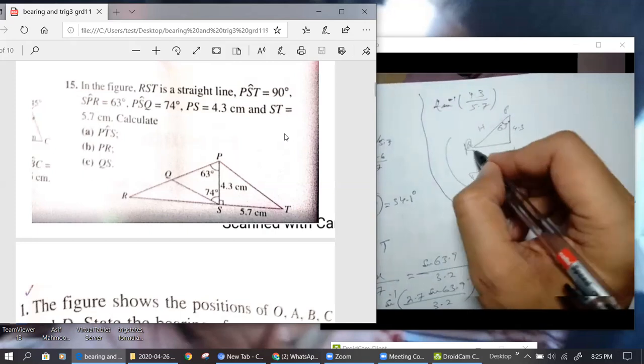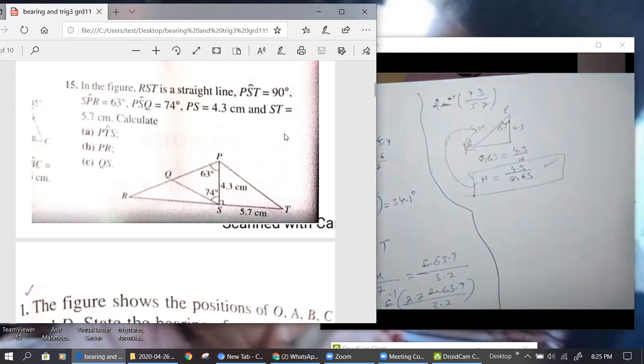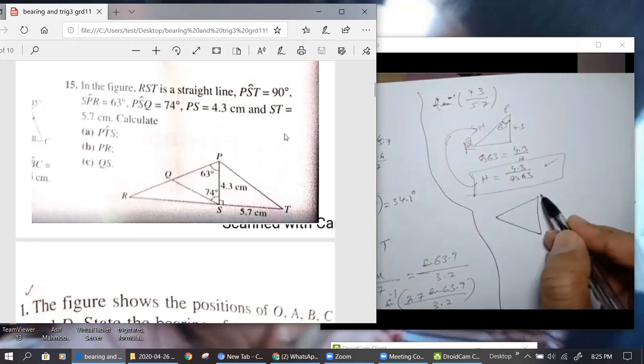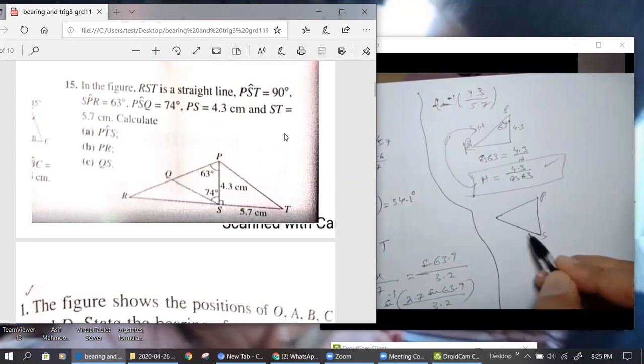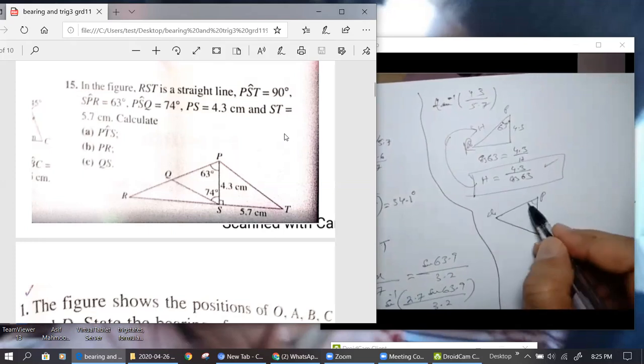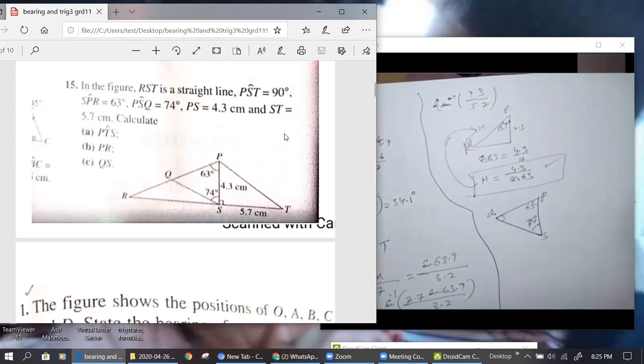Now the next thing in this question is QS. Now you will find QS. When two angles are given, you can find this one first. The first responsibility is to find this angle.